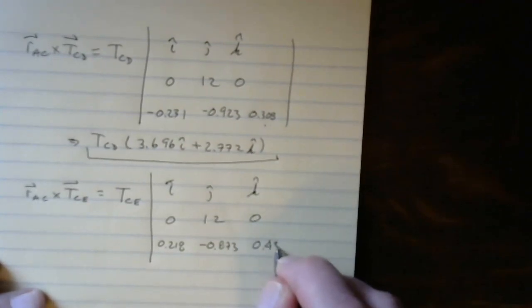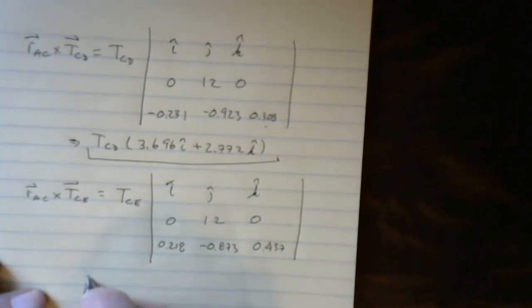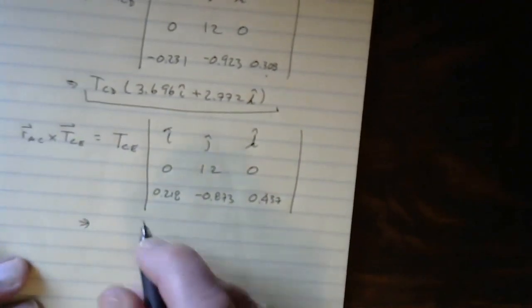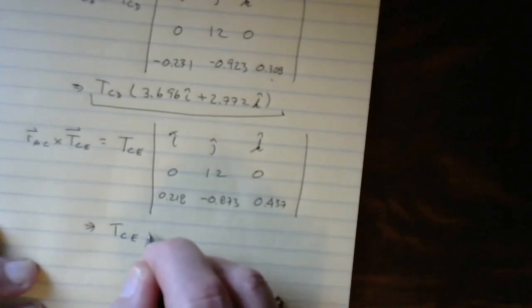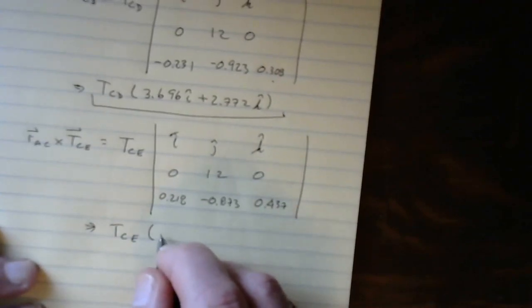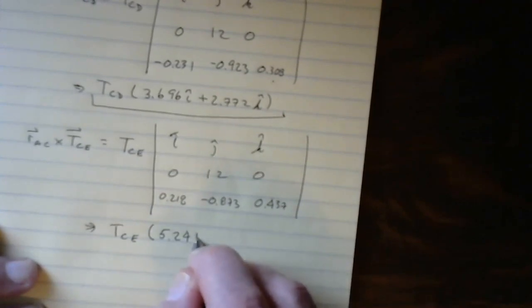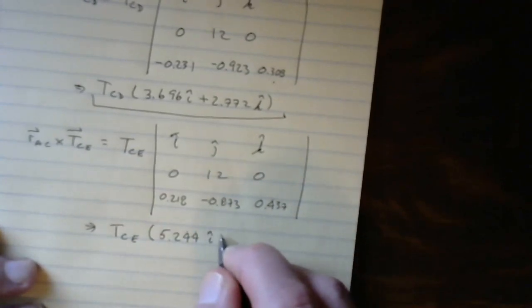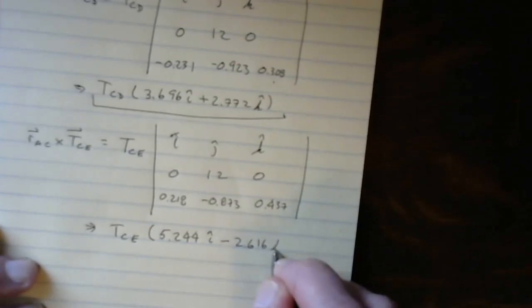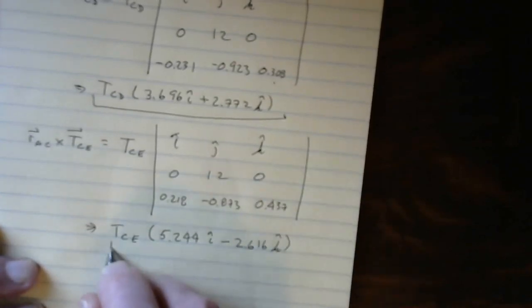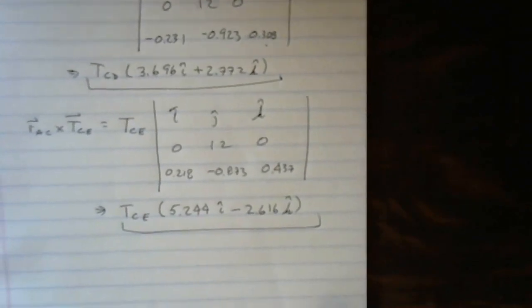All right. Do the expansion. This comes out to be TCE, the magnitude, times 5.244I, minus 2.616K, again, no J term. All right. Three of the four that I need.